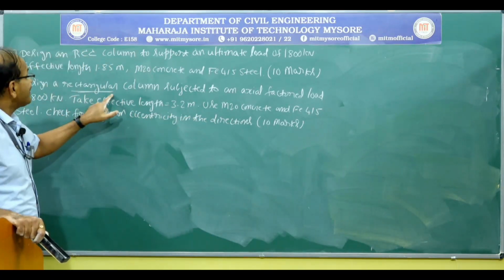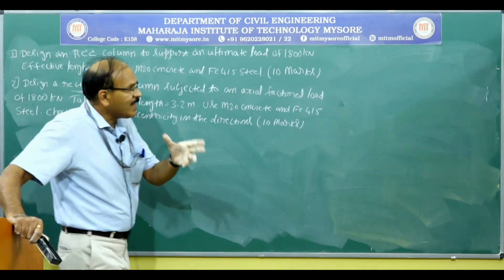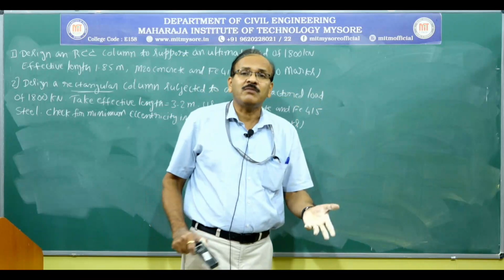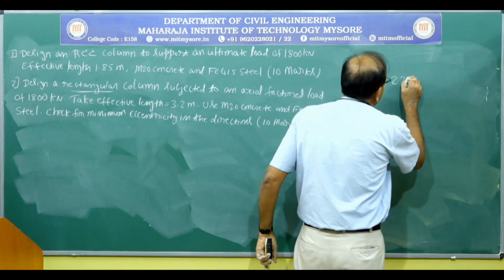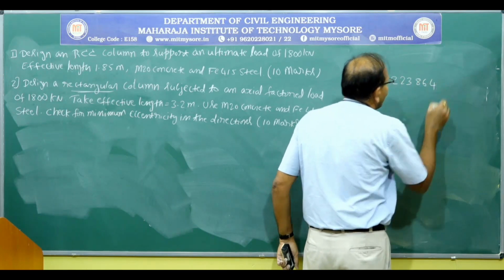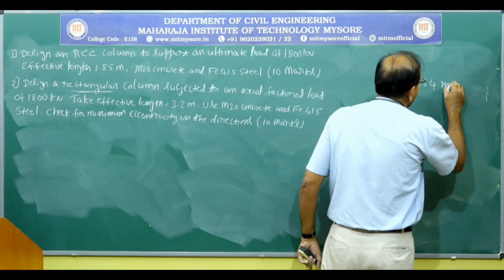So here the problem is, it says rectangular section. So for example, if I take the previous problem which I solved, we got the area equal to 223,864 millimeter square.